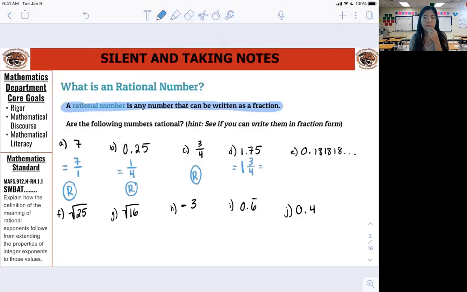We divide and multiply, right? Close, close. You multiply and add. So 4 times 1 is 4, then you add the top number, 4 plus 3 is 7. So that's how we got 7/4. So that's good. It is rational.